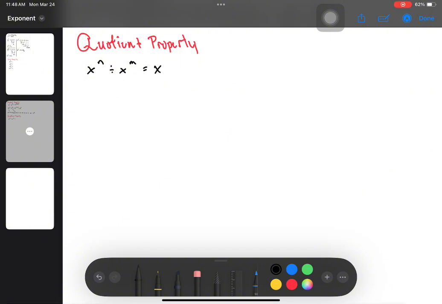Therefore, if two exponents with the same base are divided, you simply subtract their exponents. So for example, let's have 10 raised to the 5th power divided by 10 raised to the 2nd power. You simply do 10 raised to 5 minus 2, which becomes 10 raised to the 3rd power. As you can see, it really is the same yet also the opposite of the product property.